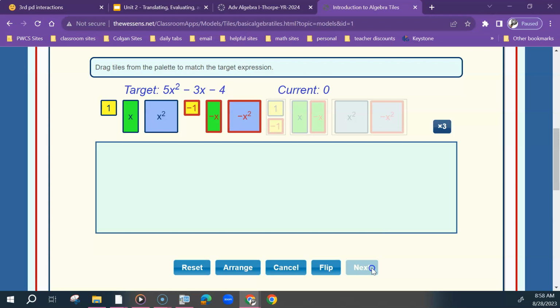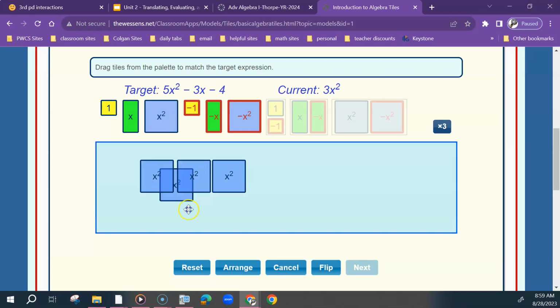If you have actual tiles, if you don't, be thinking about what it would actually be modeled like. And then someone tell me, how would we model those?